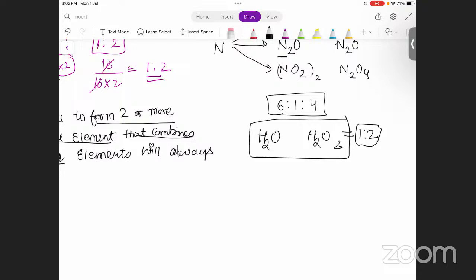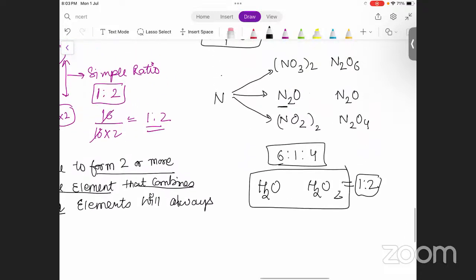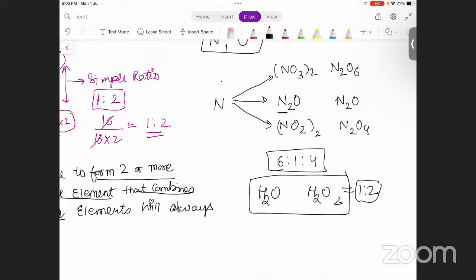The very important point that you can miss is not fixing the mass of one of the elements. So you have to fix the mass of one of the elements, and then only you can compare the mass of the other element. Yes, that way also you can write, we are taking 2NO2, right?